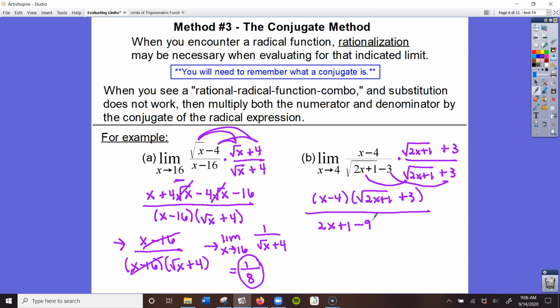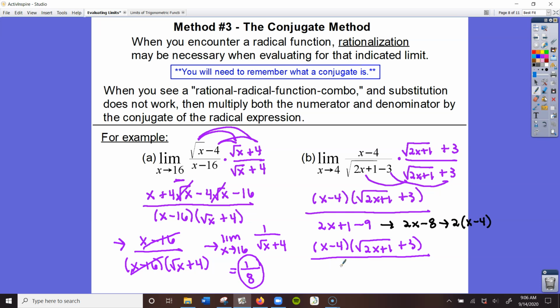So now let's continue to work this out here. So we have in the numerator this x minus 4 times the square root of 2x plus 1 plus 3. And in the denominator, I'm going to do this here in a separate color, 2x plus 1 minus 9 is 2x minus 8, which if I wanted to, I can factor a 2 from each term, which is 2 times x minus 4.